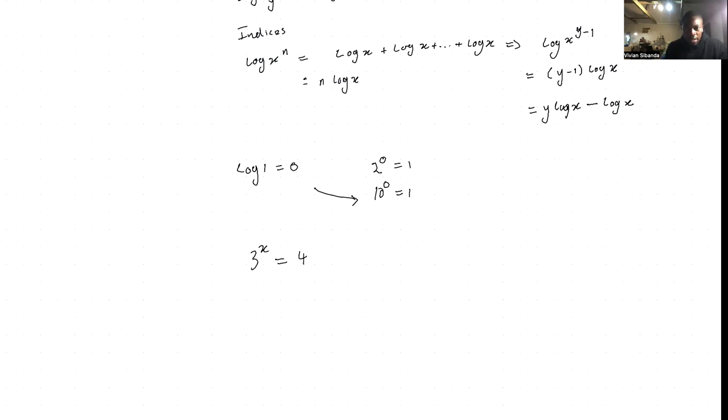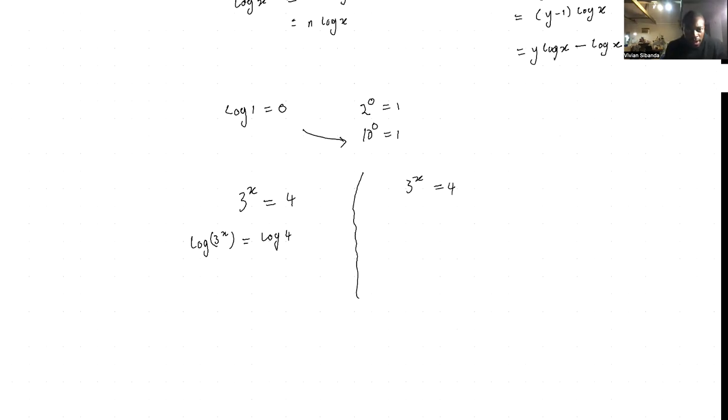So you have log of 3 to the power of x, in brackets, equals log of 4. Now this results in your x going in front. You want to make x the subject. So it's x log of 3 equates to log of 4.